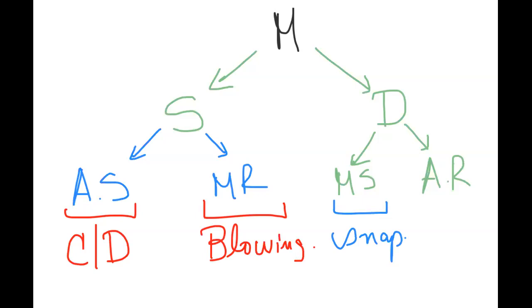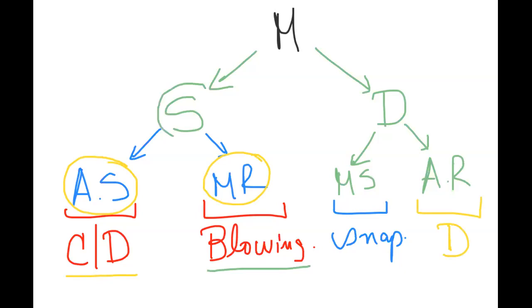And for aortic regurgitation, the keyword is decrescendo. So if we are hearing about crescendo-decrescendo, we are able to say that the patient has aortic stenosis.